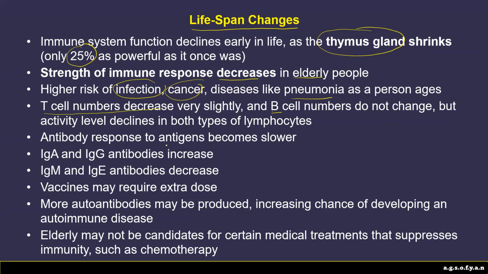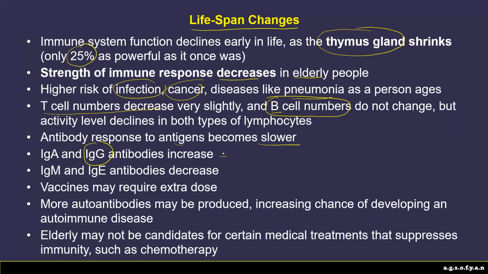The antibody response to the antigens becomes slower. The IgG is actually increased. Remember, the B cells don't really decrease compared to the T cell, and B cell is the one that produces the Ig, the antibodies. And this IgG is actually increasing in older people.